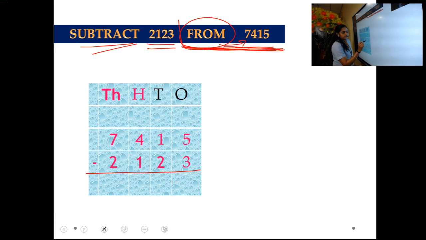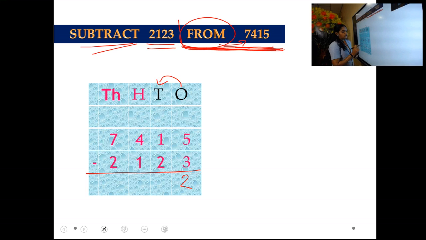The top number 5 is big compared to the bottom number 3. No problem, we can subtract. Okay. So 5 in mind, 3 in hand. 5 before, counting 4, 3, 2. Okay. Then now move to the tens place. Here, look at these numbers. What are the numbers? 1 and 2.